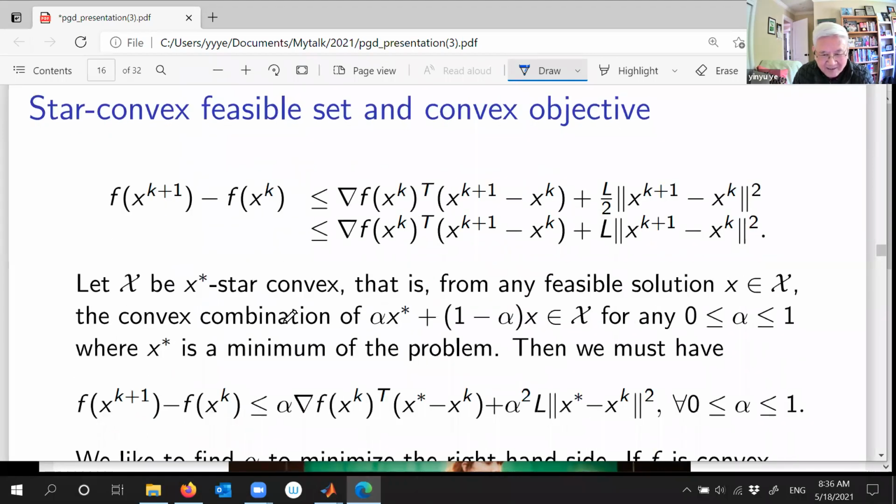It means for any feasible point x in the set, the convex combination of these two points, the line segment connecting x and x star, the global optimal solution, is also in the set. We're not assuming that for any two given points the line segment is in the set, only if they connect to the global optimal solution.